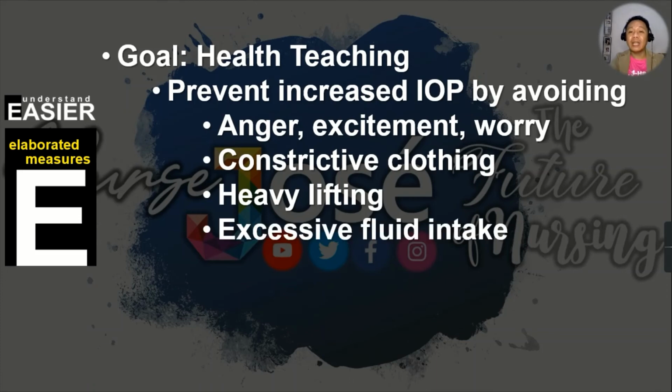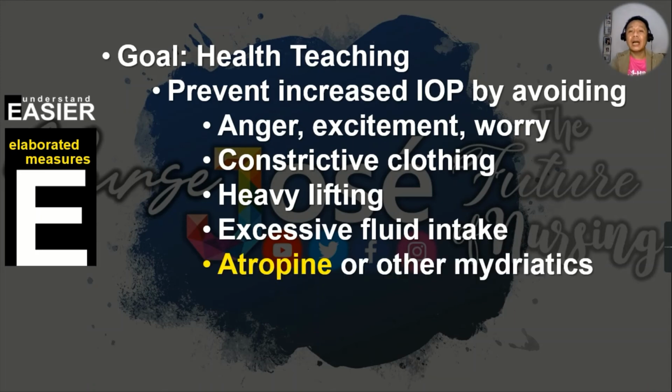Next is excessive fluid intake. You have to avoid excessive fluid intake because the aqueous humor is considered to be the fluid composition of the eye. And of course, you have to avoid atropine, because atropine is a mydriatic.